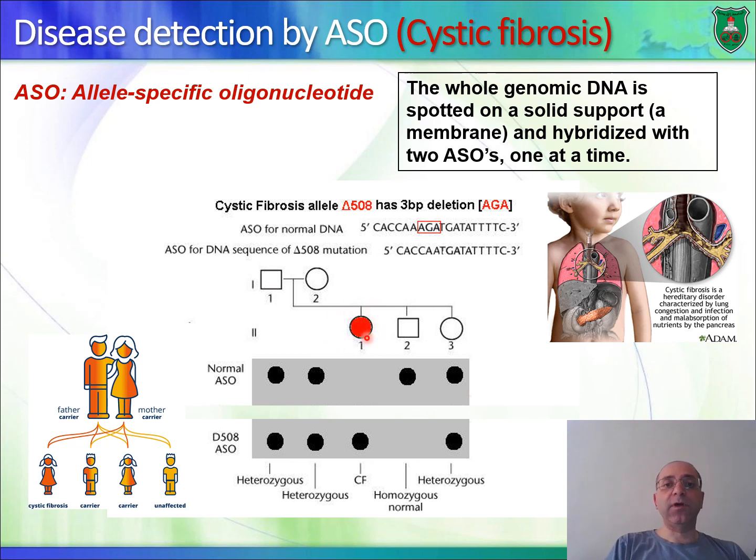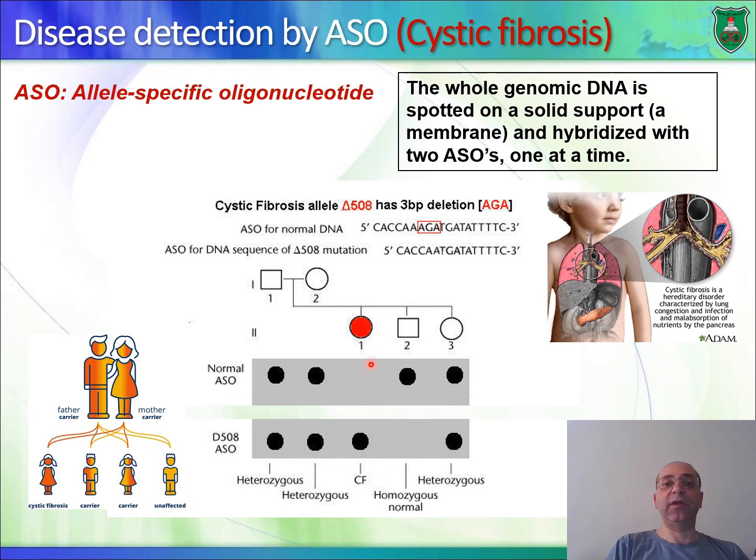Now, this daughter that phenotypically has the disease, that has cystic fibrosis, when the normal allele specific oligonucleotide was added, there was no signal. But when the other allele, the mutated allele, was added, there was a signal.